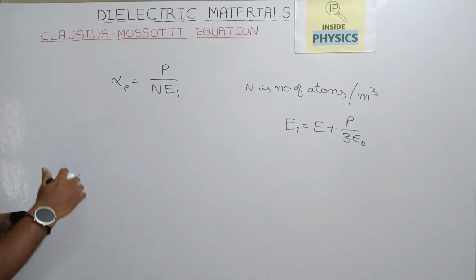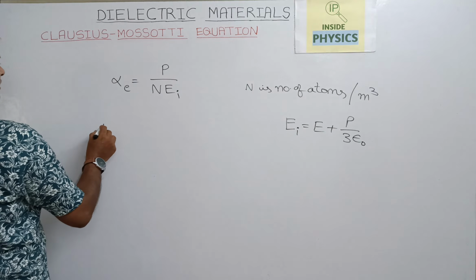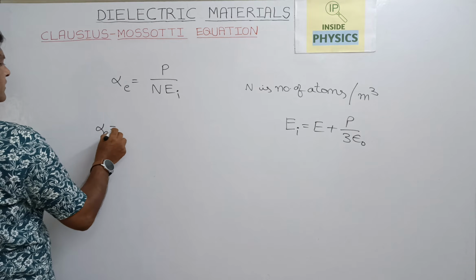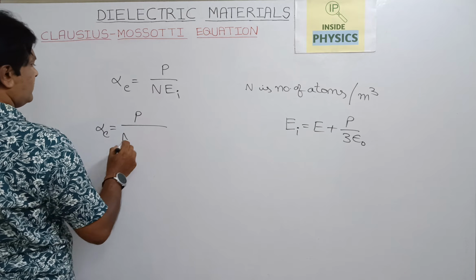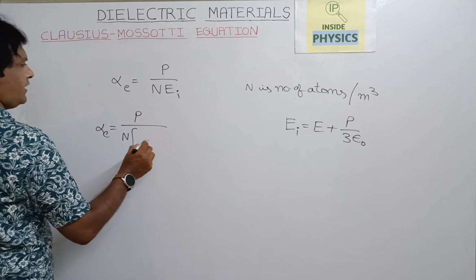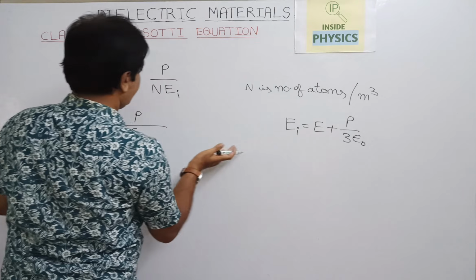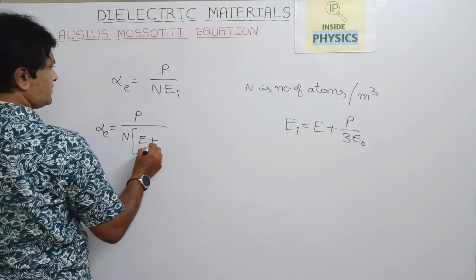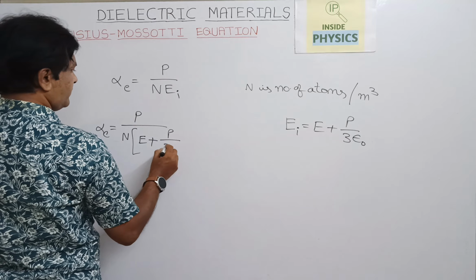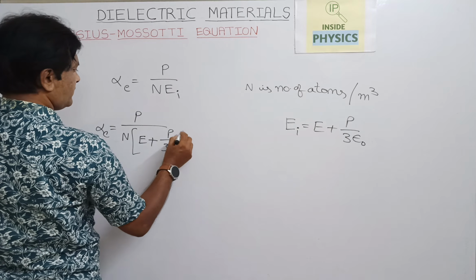With this we can proceed, and alpha e is written as P by N, and E i is taken into the brackets as E plus P by 3 epsilon naught.